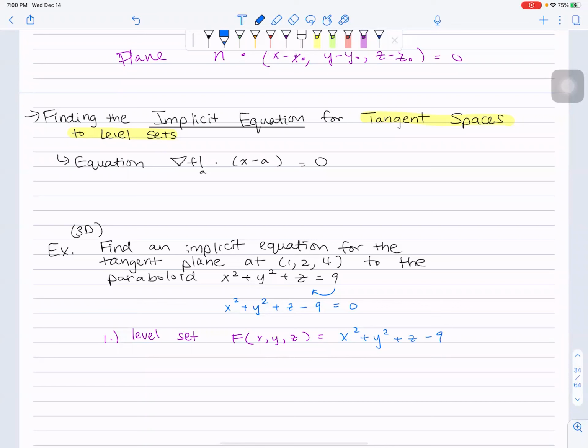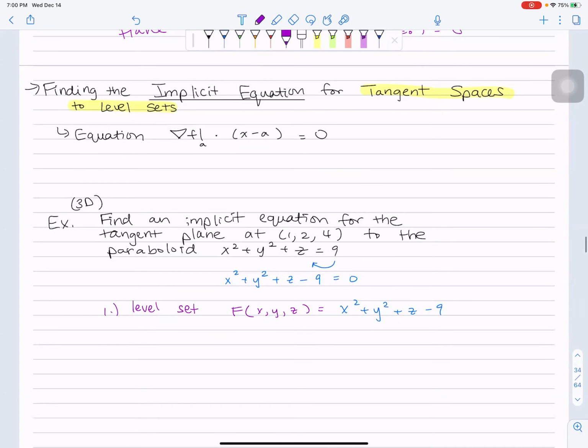What is this blue equation? It lives in R3, so 3 dimensions. I want to find the equation of a tangent plane. What do I need? I need the gradient. So let me find the gradient. I take my function, the level set function, and I take the derivative.